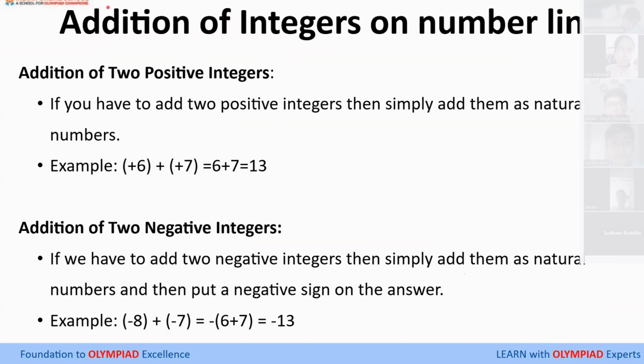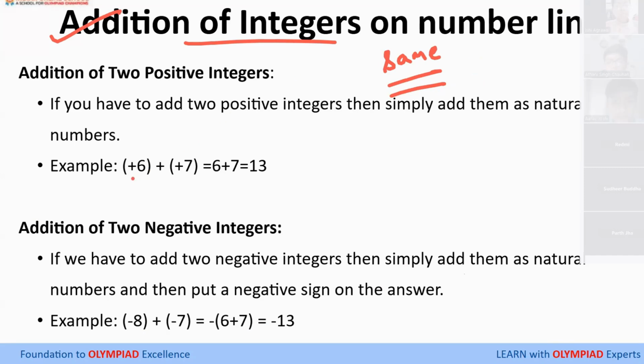Okay, now we will move forward to addition of integers. How do you add integers? Let me tell you one thing. When you have the same symbols, like symbols, you always add. For example, if you have two positive integers under addition, you add.